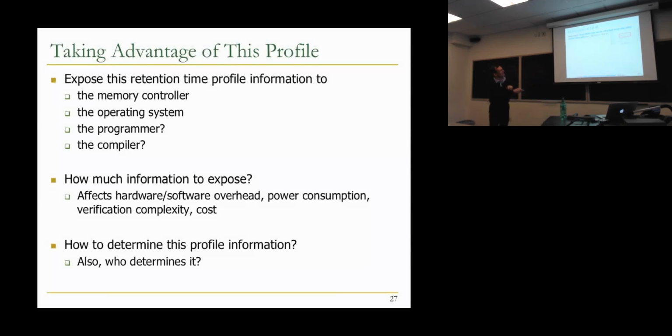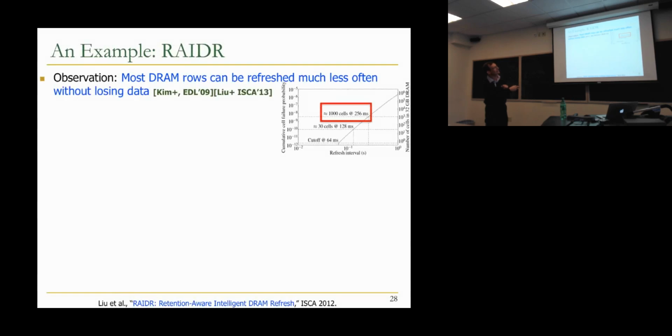So if you look at this, this is actually data from Samsung's DRAM chips, from a paper they published in Electron Device Letters in 2009. But if you do the math, in a 32 gigabyte DRAM system, only 1,000 rows need to be refreshed more frequently than every 256 milliseconds. That's very small.